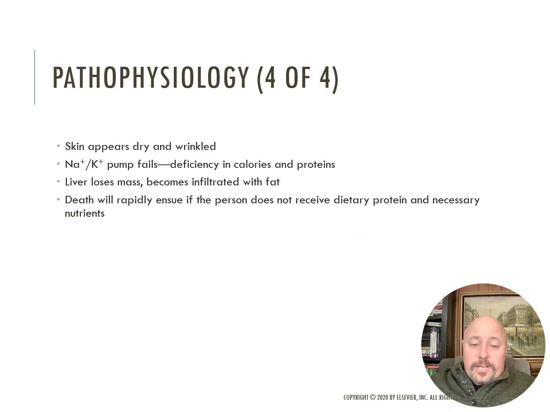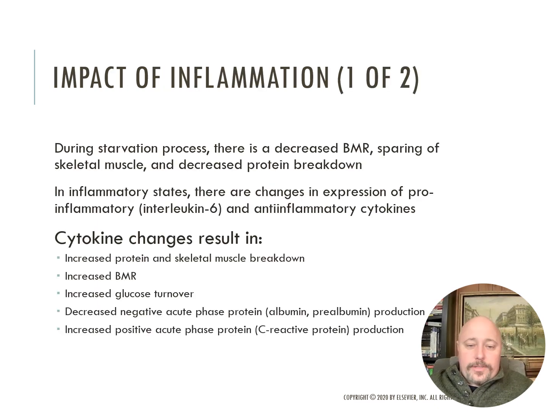On physical assessment, the patient's skin would appear dry and wrinkled. As the sodium-potassium pump fails, deficiencies in calories and proteins continue. The liver loses mass and becomes infiltrated with fat, and death will rapidly ensue if the patient does not receive the dietary protein and necessary nutrients they need to survive. During the starvation process, there is a decrease in body mass, a sparing of the skeletal muscle, and a decrease in protein breakdown.